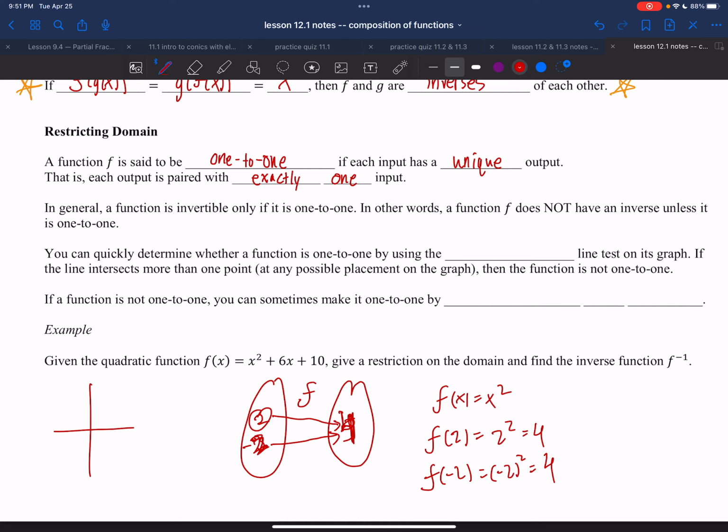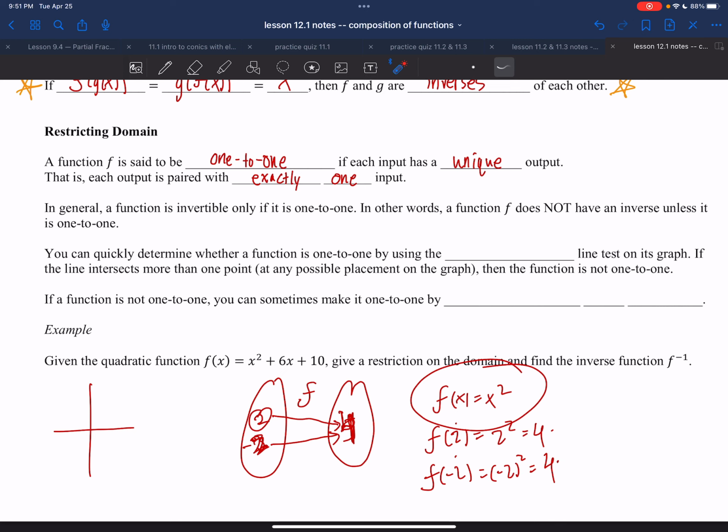But what 1-to-1 means is that this can't happen. This function, x squared, is not 1-to-1 because you have 2 inputs matching to the same output. What 1-to-1 means is each input has a unique output. So if 2 maps to 4, then nothing else can map to 4.